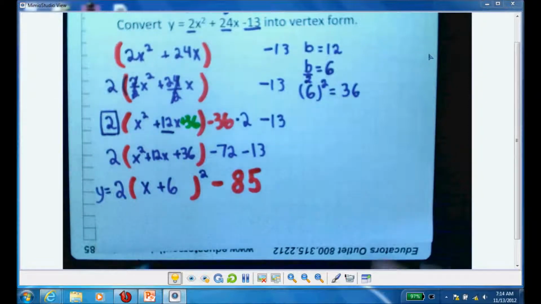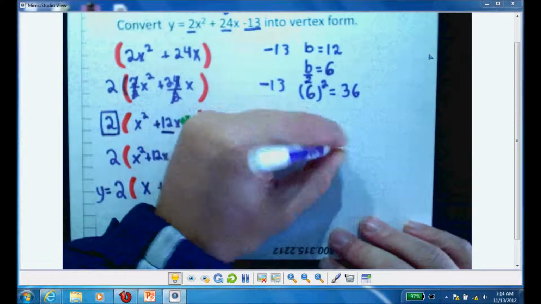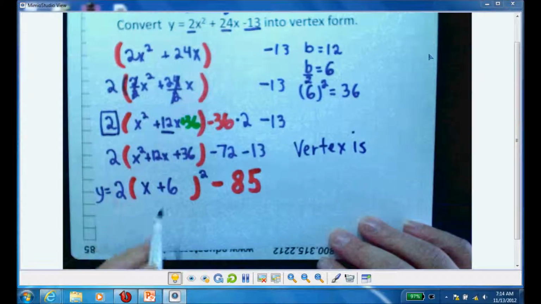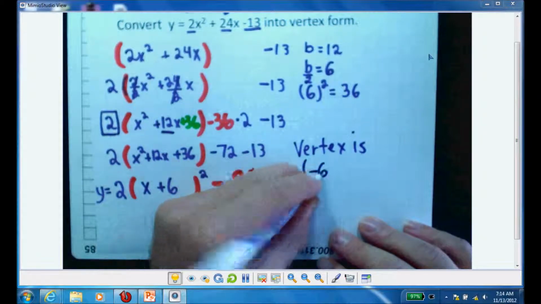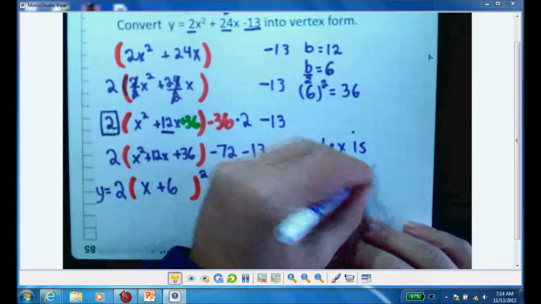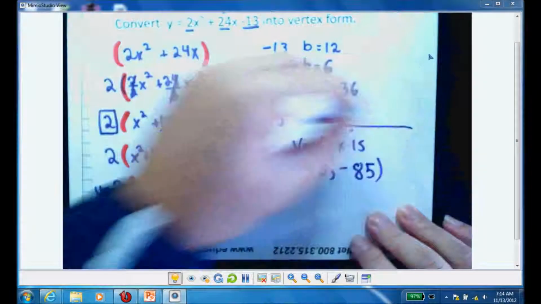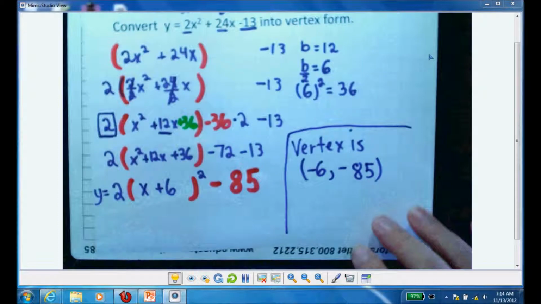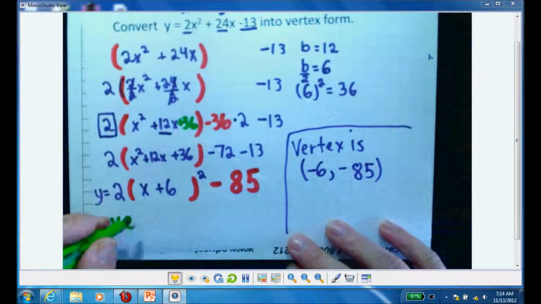And the vertex of this parabola is going to be the opposite of this plus 6, which is negative 6, and whatever this last number on the outside was, which was negative 85. And that's the things you need to know here. So the vertex of the parabola is negative 6, negative 85, and this part down here is in vertex form.